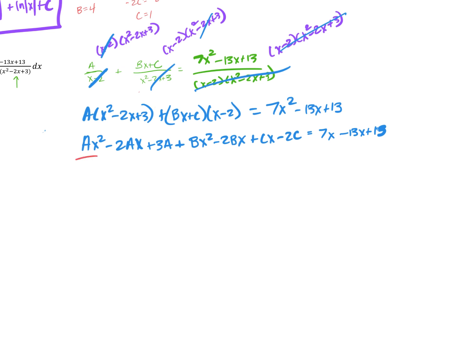So my x squared terms, and I lost my squared here. My x squared terms, I have a plus b equals 7. And then my next one, -2a, -2b, and c. And then 3a minus 2c.